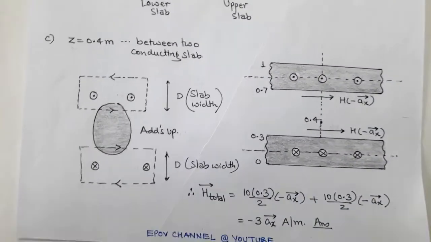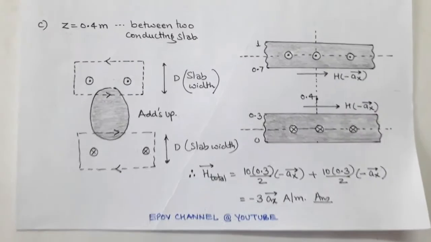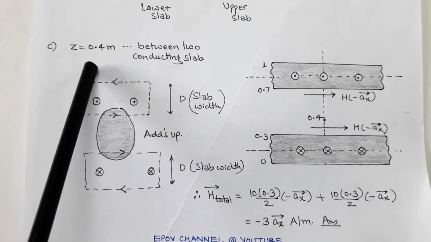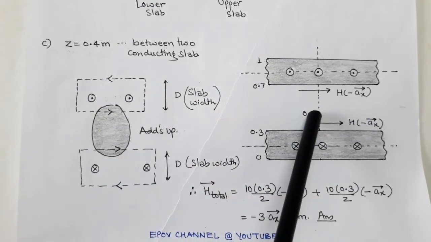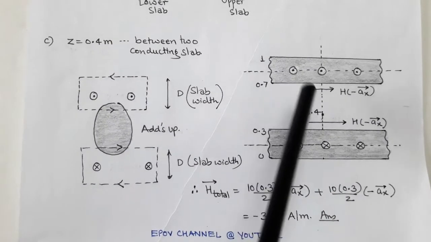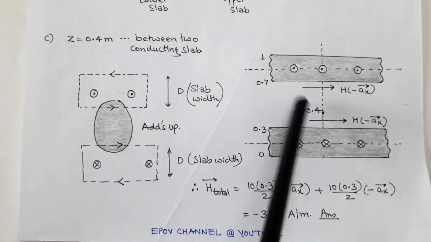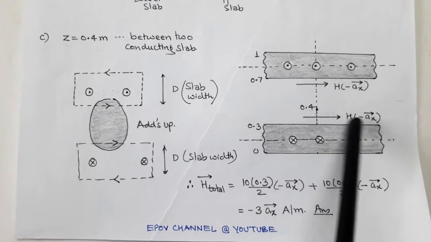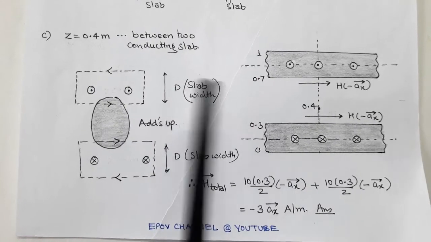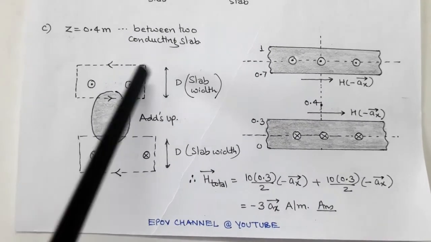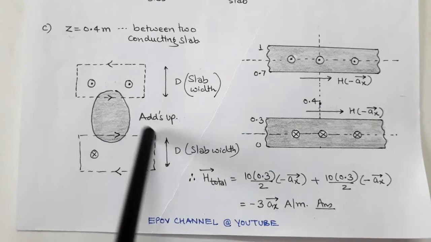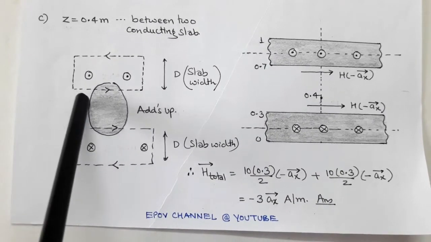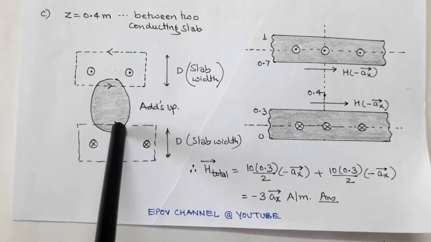Now we consider a third case, that is we have to determine the magnetic field intensity at z equals 0.4 meter. 0.4 meter is in between the two conducting slabs, and we know that between the slabs the magnetic field intensity is towards the negative direction of x. By using Ampere's circuital law, by assuming the Amperian path, we find that between the conducting slabs the contributions add up.